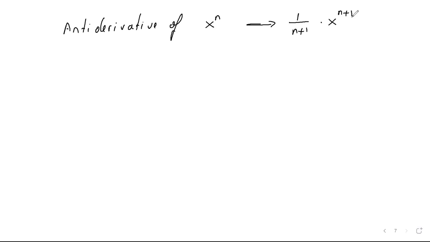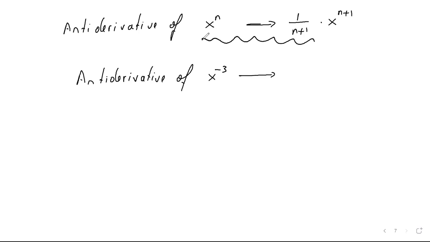So back to the formula with the antiderivative of x to the n. Remember that that is, according to our formula, 1 over n plus 1, x to the n plus first. That formula is valid for all numbers n other than -1. For example, if I want the antiderivative of something like x to the -3, let's look at the pattern that we described above.